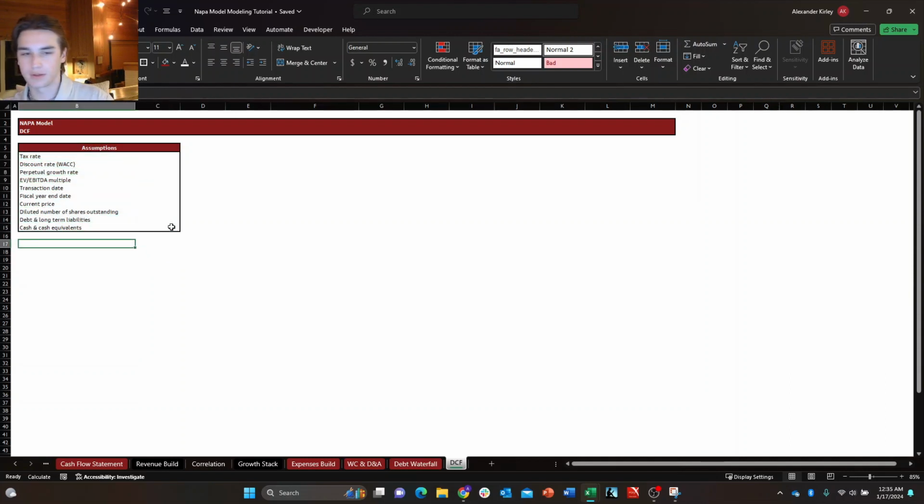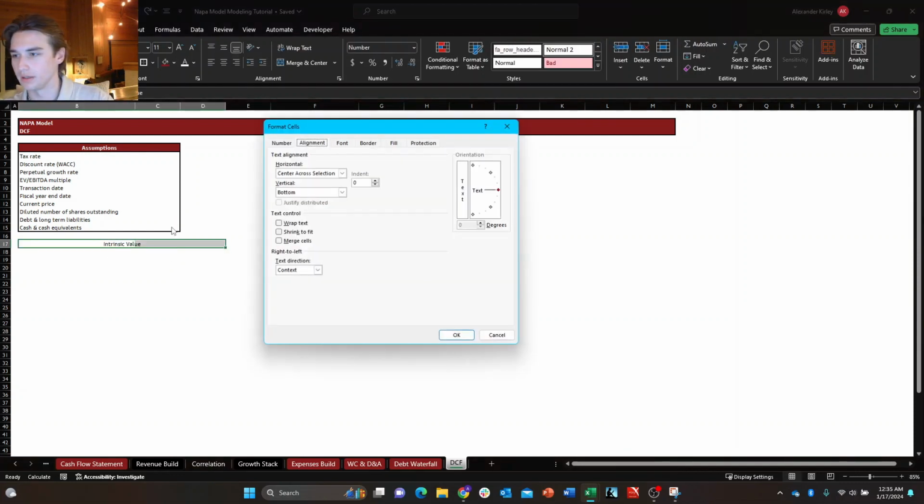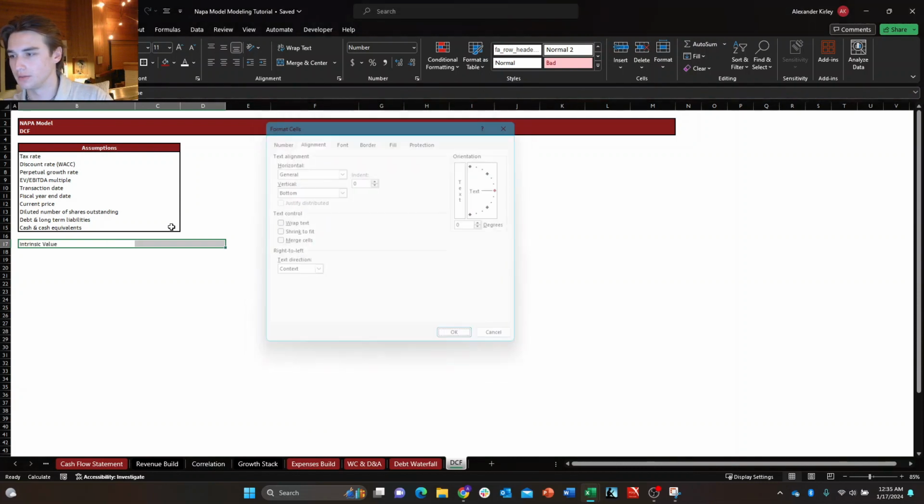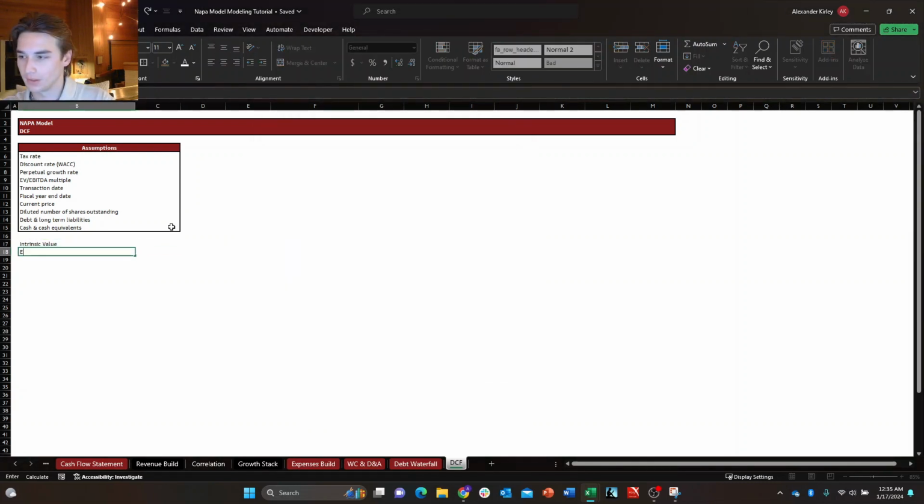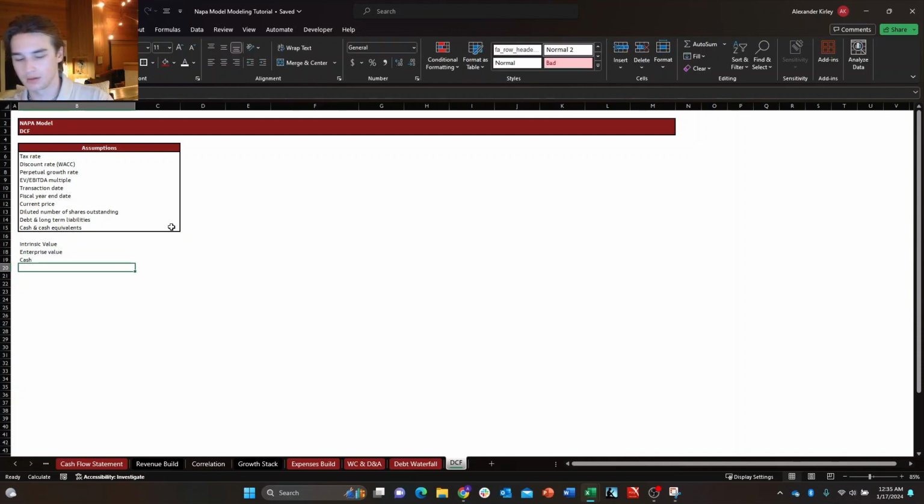Excellent. And now after that, I want to list my intrinsic value. This seems to be already a little wonky here. So here I want to do my enterprise value. Then from here, I'm going to add my cash, subtract my debt. You can do this all in one step and refer to it as net debt. Subtract my preferred equity.